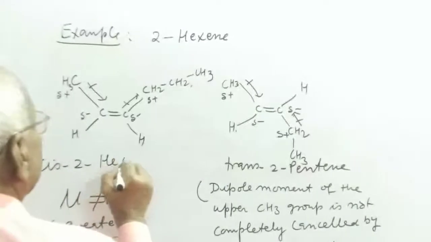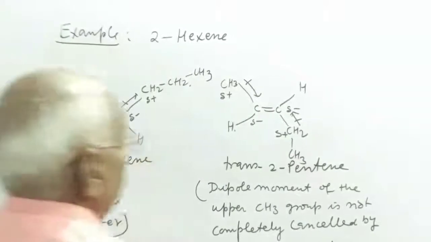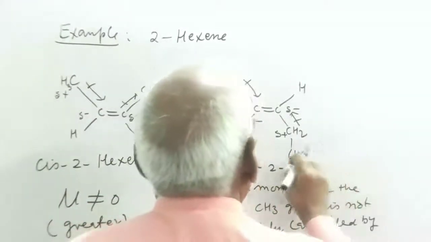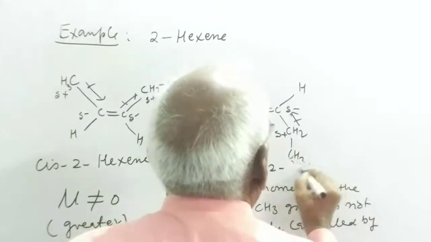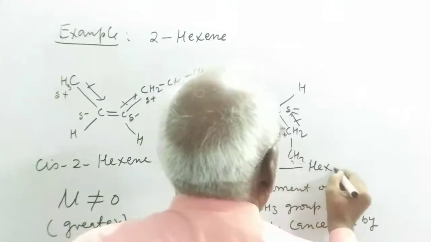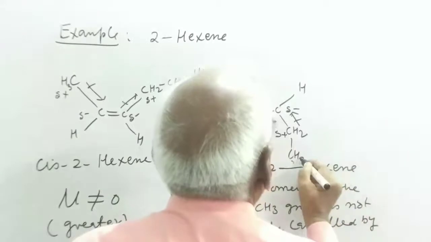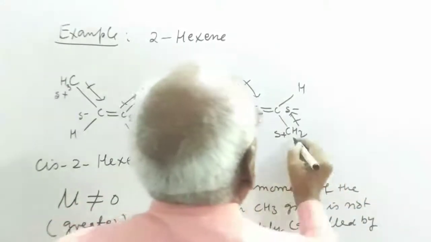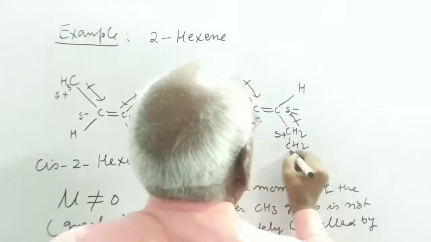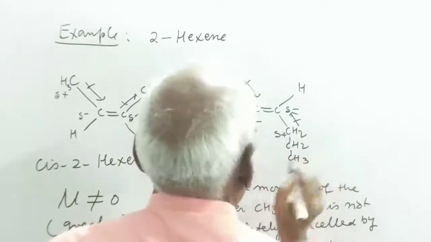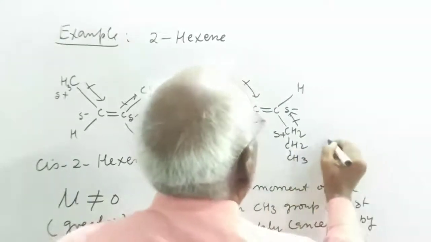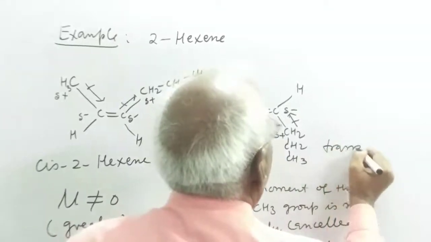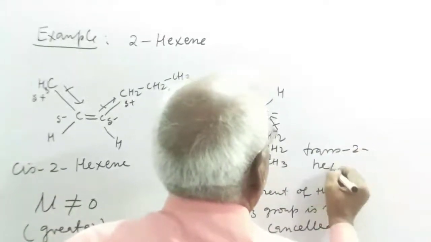This is trans-2-hexene. We extend this CH2, CH2, CH3. This is trans-2-hexene.